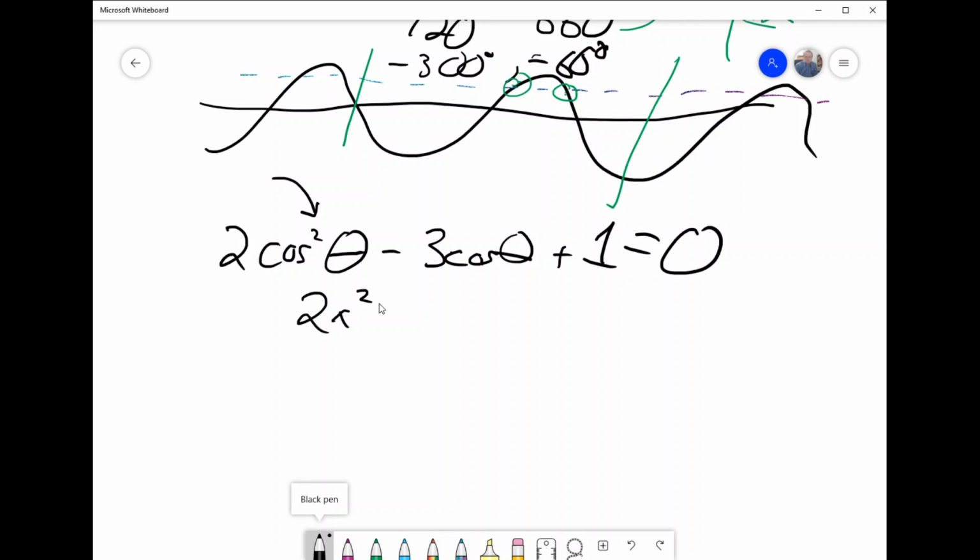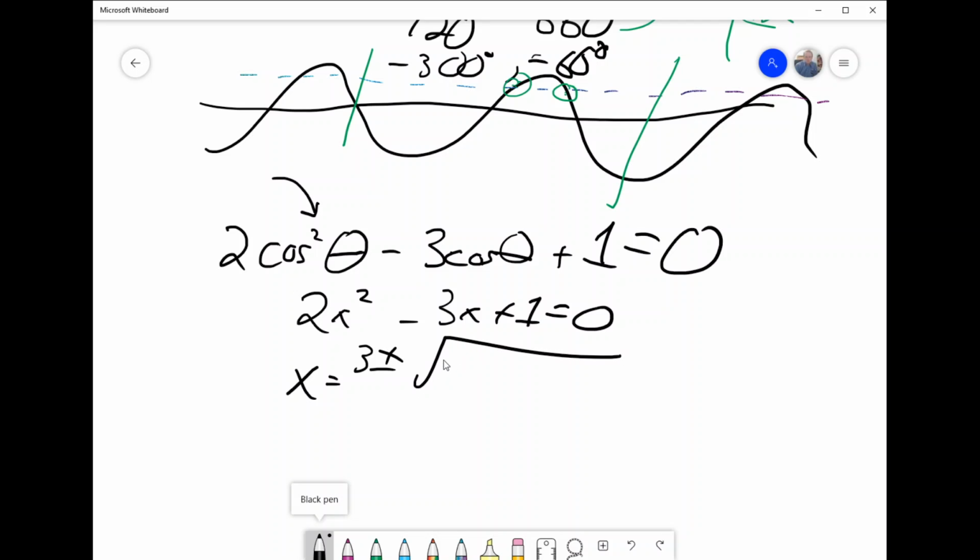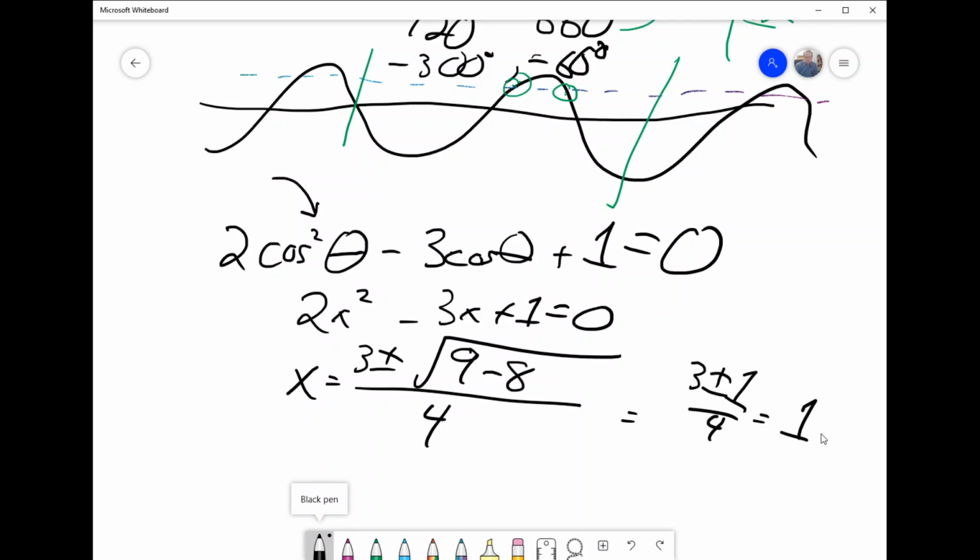But we can still solve it like it's a polynomial of degree 2. This, if we apply our quadratic equation formula, gives us 3 plus or minus the square root of negative 3 squared minus 4ac all over 2a, or 3 plus or minus 1 over 4, which gives us solutions of 1 and 1/2.